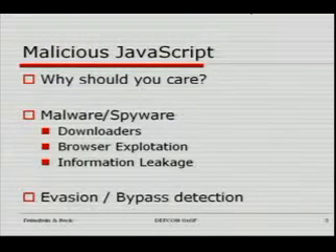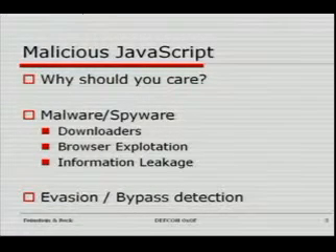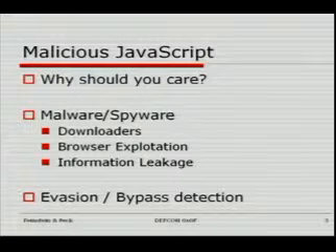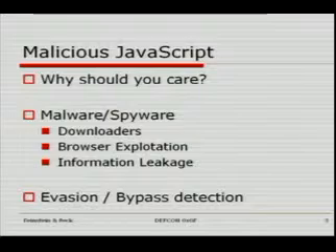So JavaScript has access to a lot of dangerous information and pretty severe functionality. What we're primarily looking at today is its use as an evasion and security bypass technology.